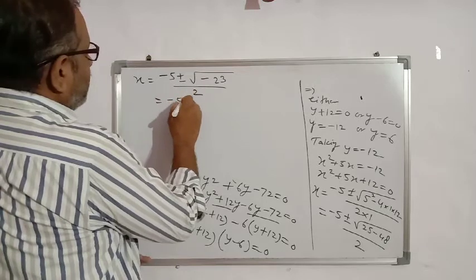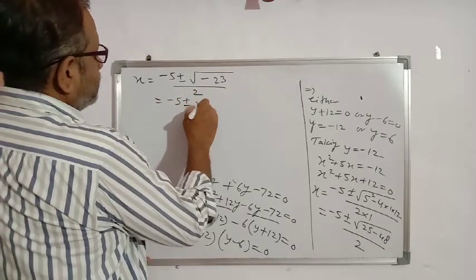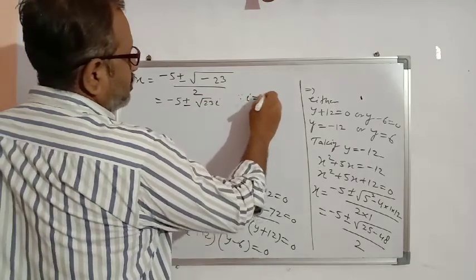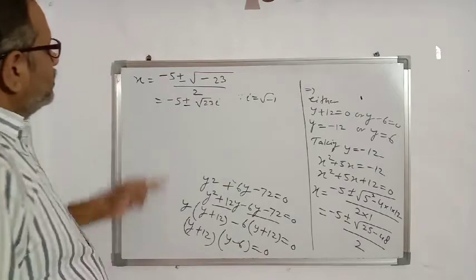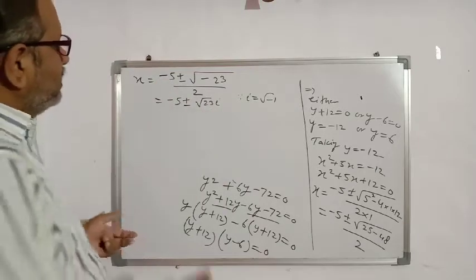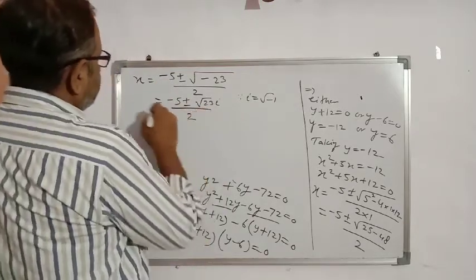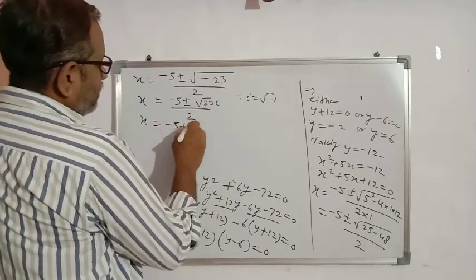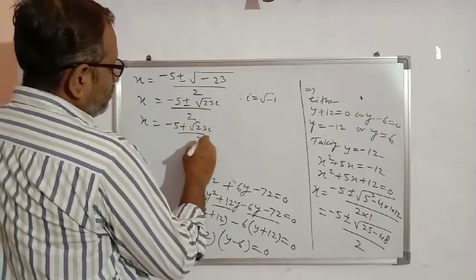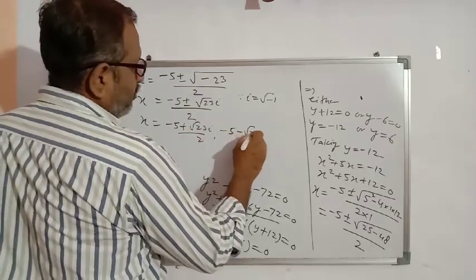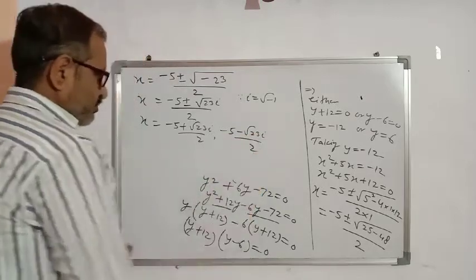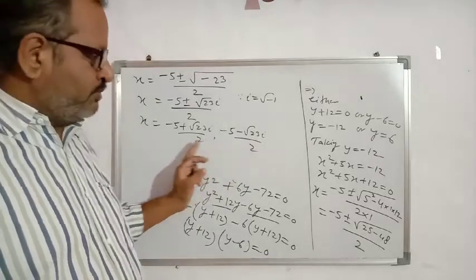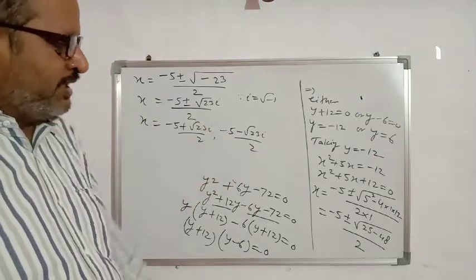We can write minus 5 plus minus root 23 i, where i is equal to root minus 1, by 2. So we are getting two values here: minus 5 plus root 23 i by 2 and minus 5 minus root 23 i by 2. Both are complex roots, because i is present here.